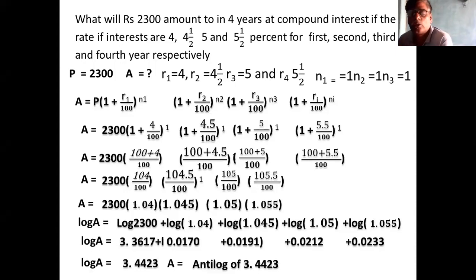Okay, you see the antilog table. 44 natural number, 0.44 in the natural number, 2 in the Mantissa, 3 in the mean difference.